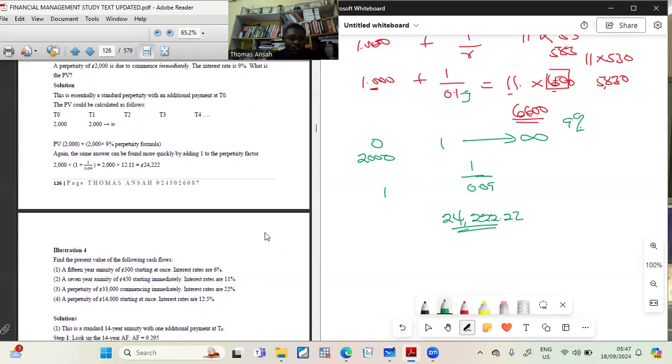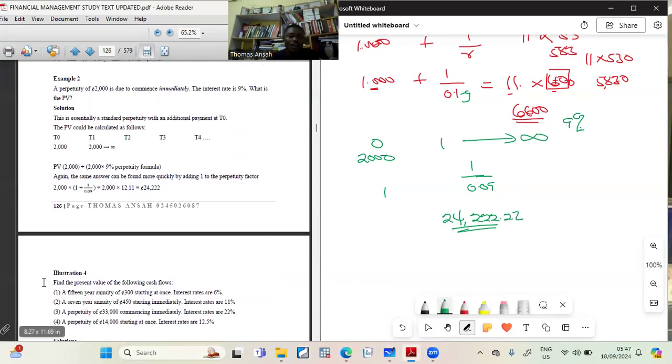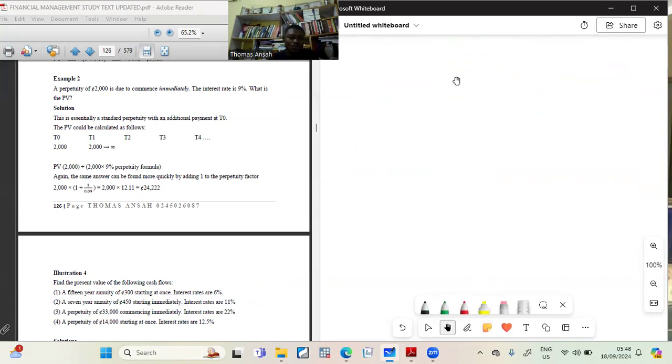So I have illustrations for you. You have to learn with this. Okay. So let's say I'm picking one to do. So we have a 15-year annuity starting at once. At once also means advance. All right. So anything that suggests now, anything that suggests today, that is what it means. So if you have a 15-year annuity starting from now or at once, interest rate is 6%.